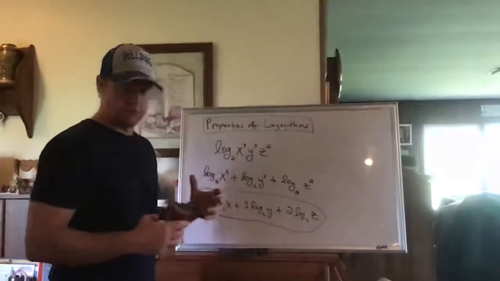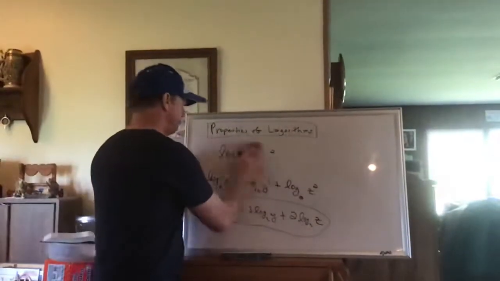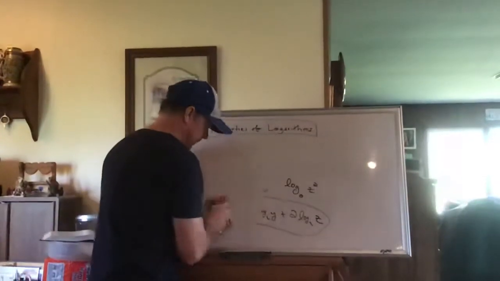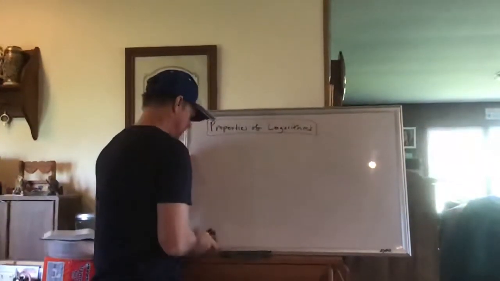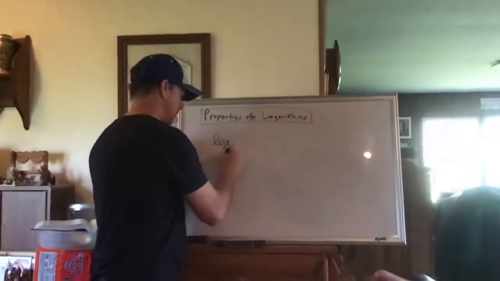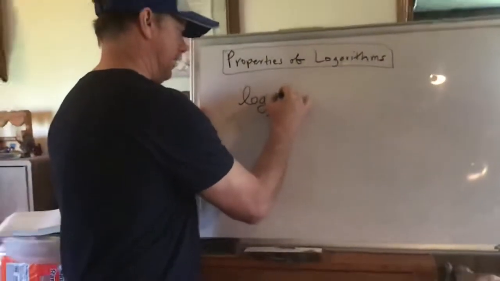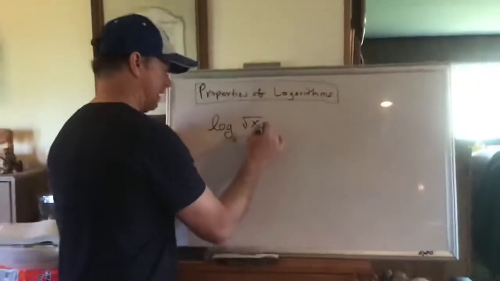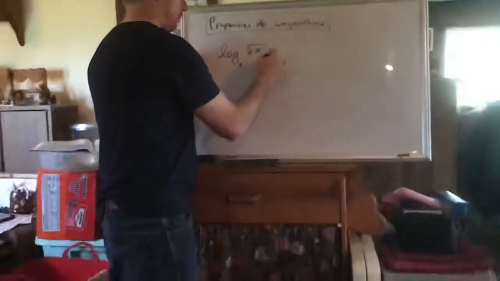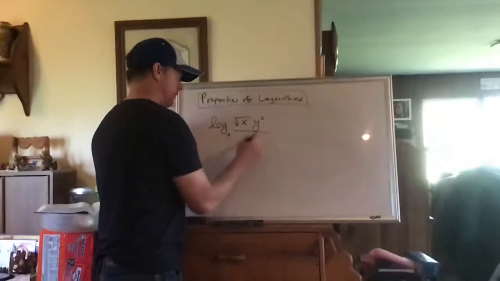Okay, so now I'm going to show you how to implement the quotient rule. Say we have log subscript 3 of the square root of x, y squared over z to the 4th.